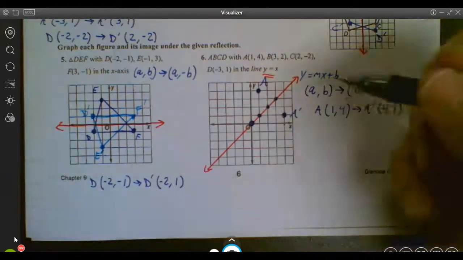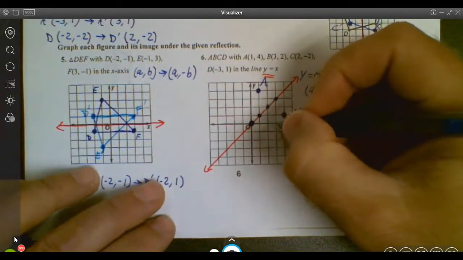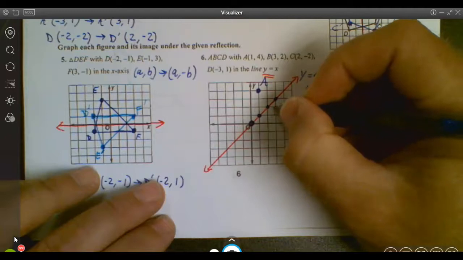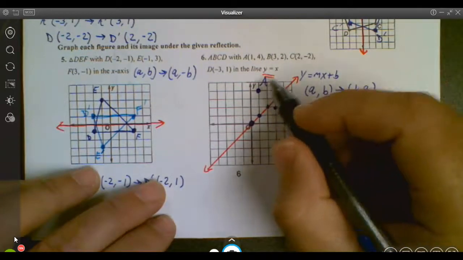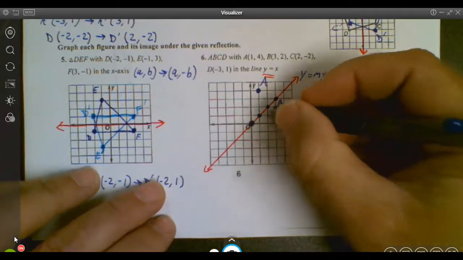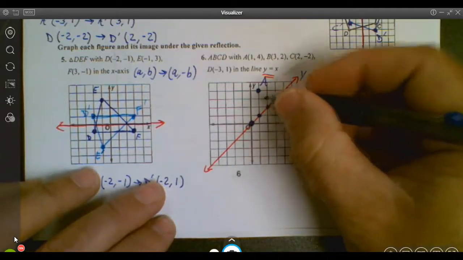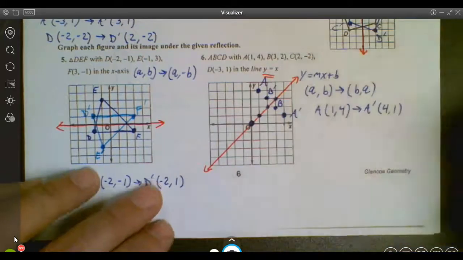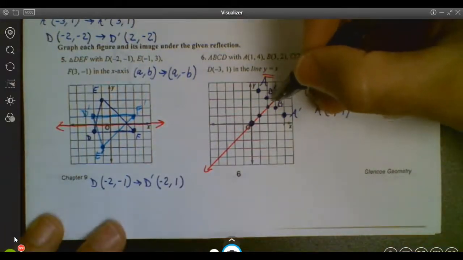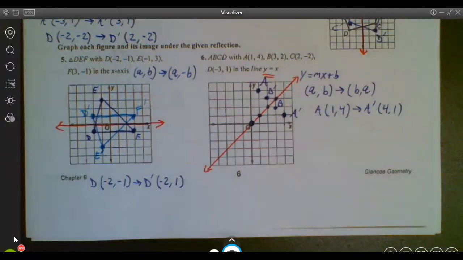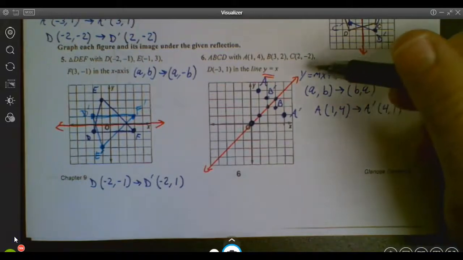If B is at (3, 2), which would be right here, B prime, if I just trade places, would go to (2, 3). So 2, 1, 2, 3, and there's B prime. So again, you could try to do this visually and count diagonally. Whatever works best for you. And let me just finish off the drawing. So C was (2, negative 2).